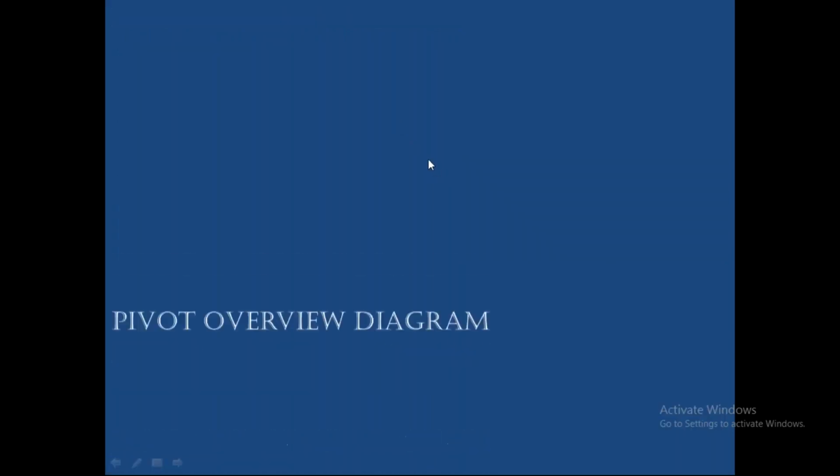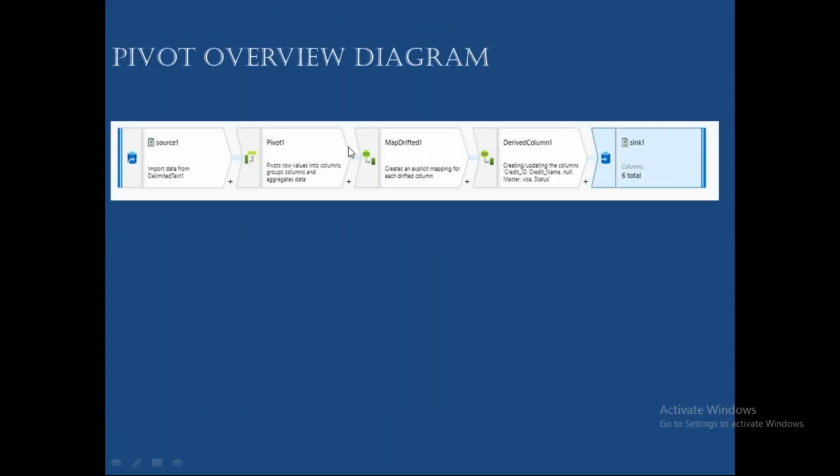Now you see the pivot overview diagram. See, this is how I'm going to implement the pivots. I will read the source data and apply a pivot transformation. When you apply the pivot transformation, you are converting the rows to columns. If you want to include those columns in your output, then you need to use a map drifted transformation.